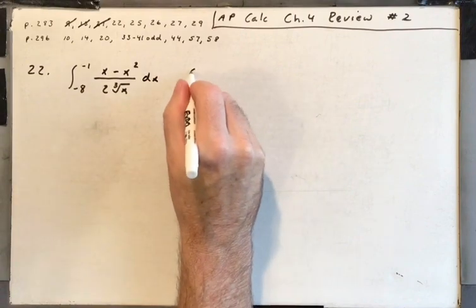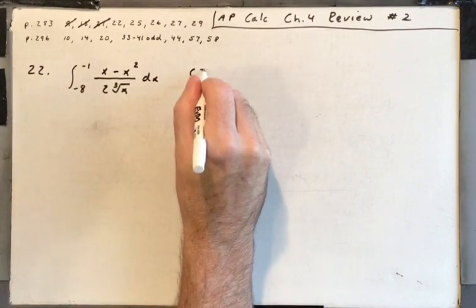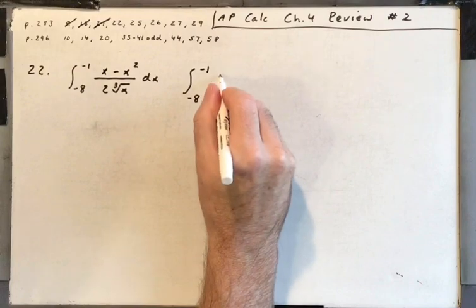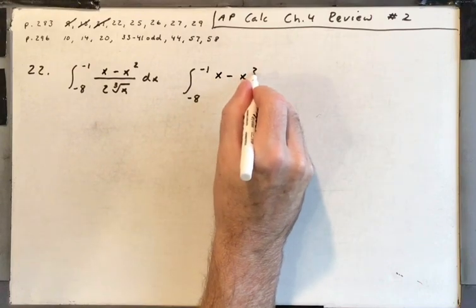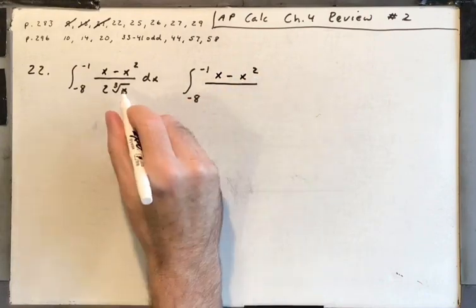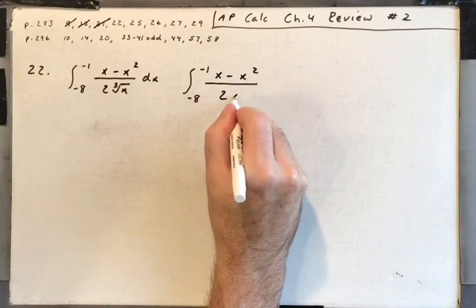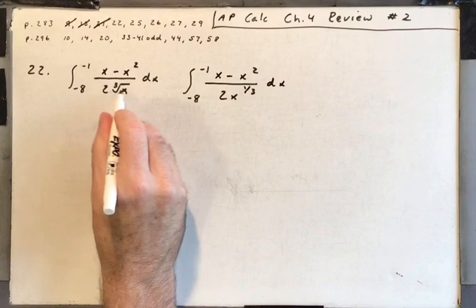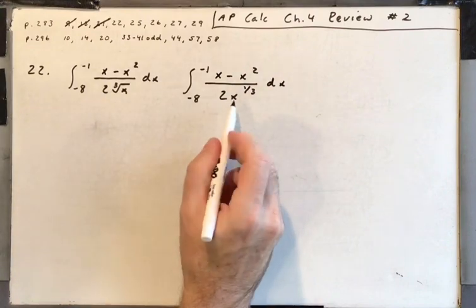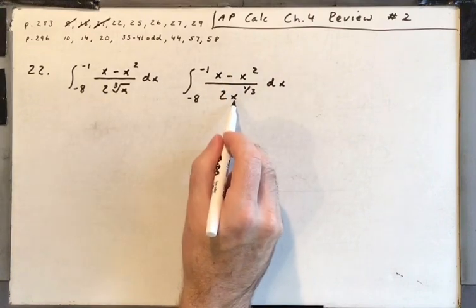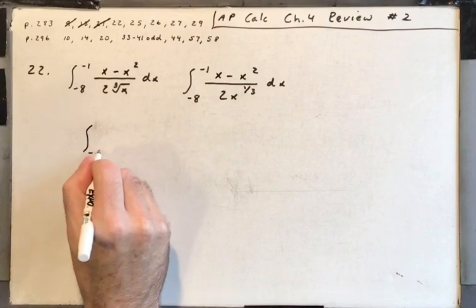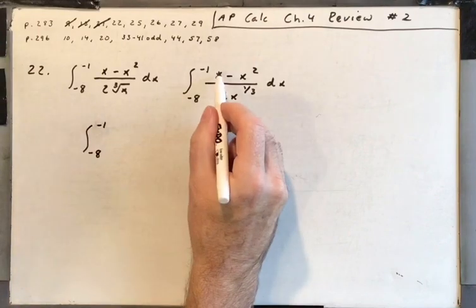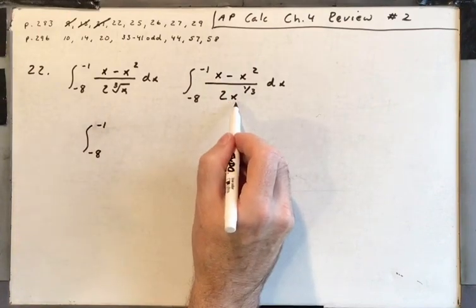So this is the same as -8 to -1 of x minus x squared over 2x to the 1/3. So I just rewrote that, cube root of x, x to the 1/3. So this is going to be -8 to -1, x over 2x to the 1/3.